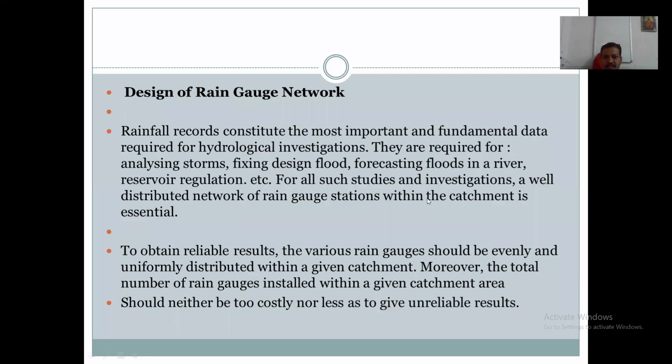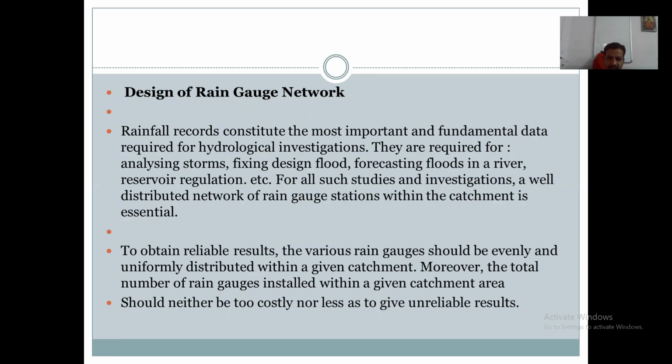So for all such studies and investigations, a well-distributed network of rain gauge stations is very essential. Design of a rain gauge network is very essential for collecting hydrological related data, for hydrological investigations, for analyzing the storms, for fixing the design flood, forecasting the floods in the river, and reservoir regulation.